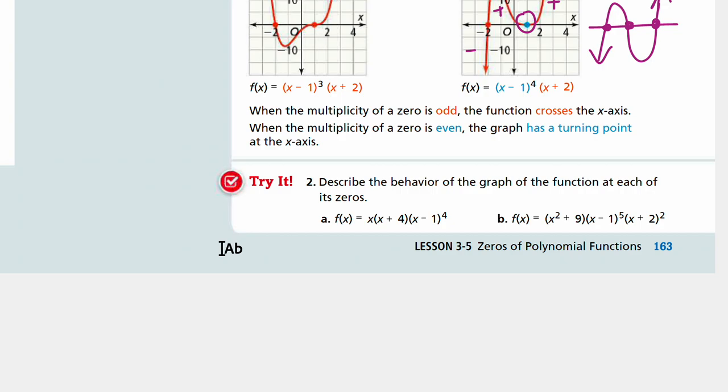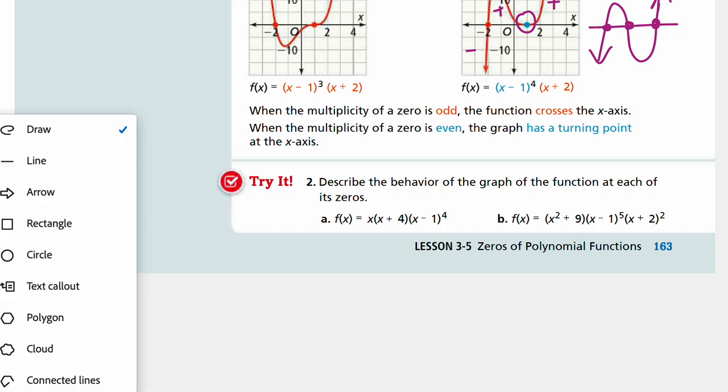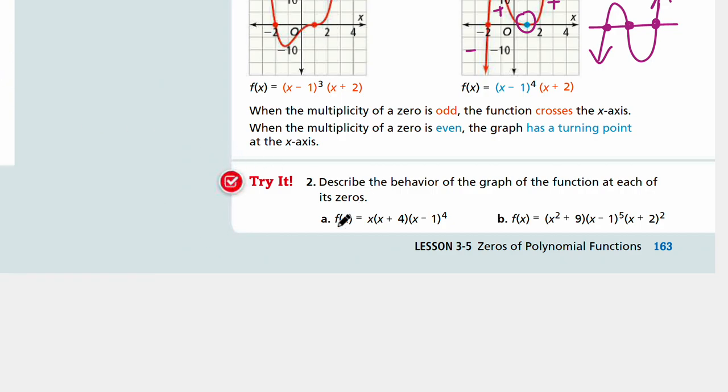So when do we have a turning point? Well, we have to figure that out. We have to see where the interval is positive or negative. So we know that there are 3 zeros: 0, -4, +1. And so we have the intervals from -infinity to -4, right?